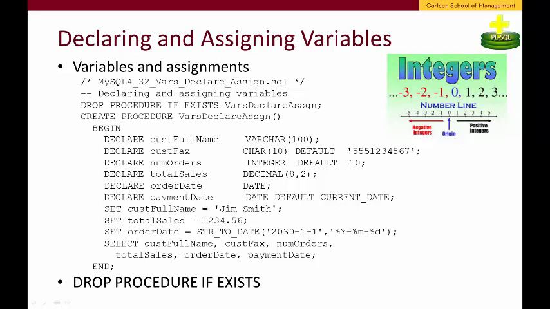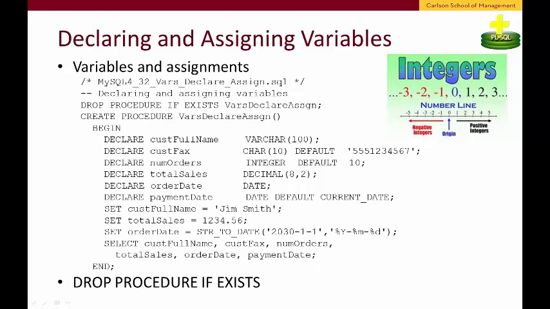The code in this file will demonstrate the creation of our first procedure. We will declare several variables of different data types, as shown in the slide, assigning them some values and then displaying them back as results. The drop procedure line of code is a standard way of allowing for multiple attempts to get the procedure's code correct without having to manually drop the procedure every time we discover an error and correct it.